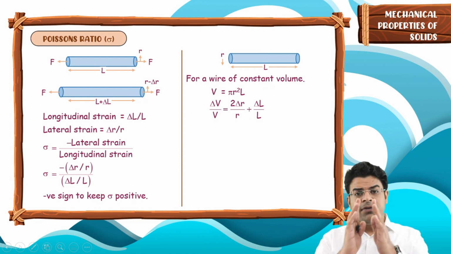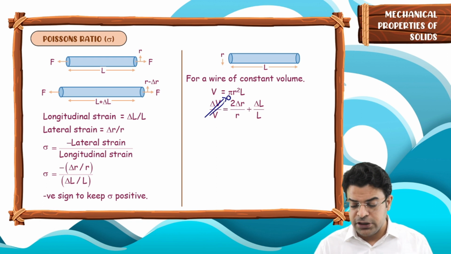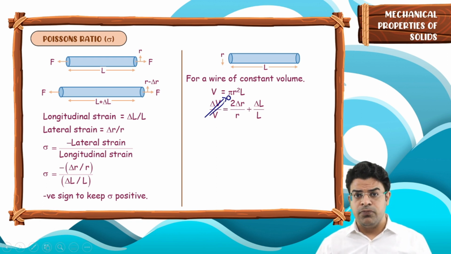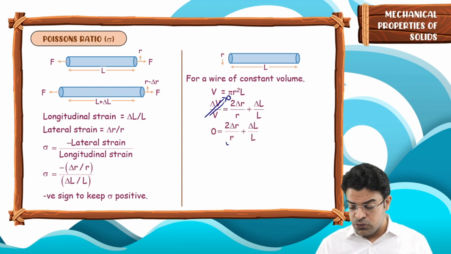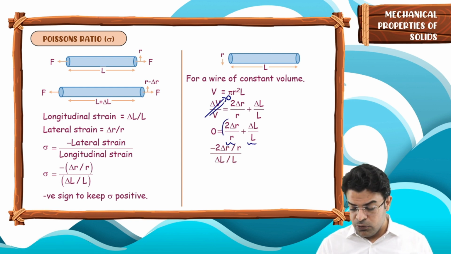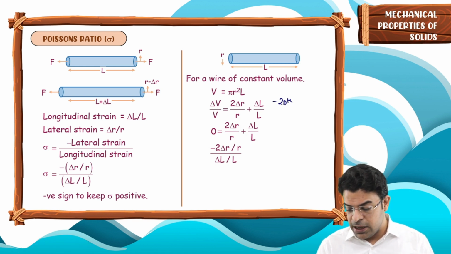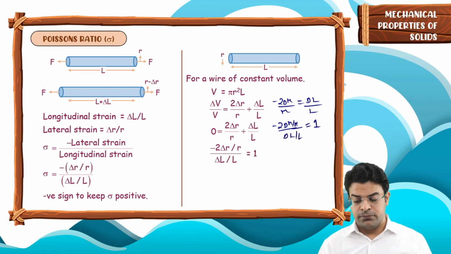We are solving for the special case when there is no change in volume. So the fractional change in volume has to be 0. So you will write 0 equals 2 delta R by R plus delta L by L. Now you can bring the term 2 delta R by R to the left hand side and divide it with delta L by L. So you will get minus 2 delta R by R upon delta L by L equals 1.